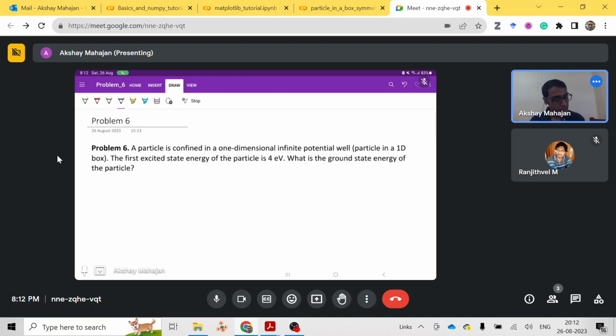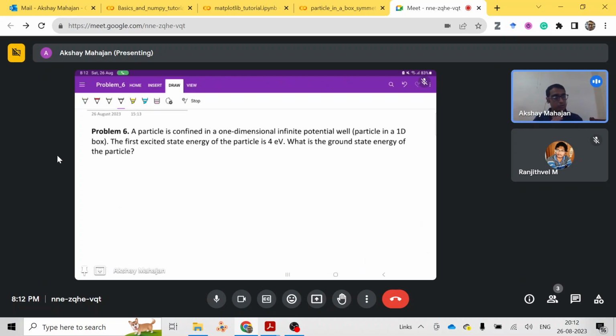So what is given is the first excited state energy, 4 electron volt, and we have to find the ground state energy for a particle in a 1D box.